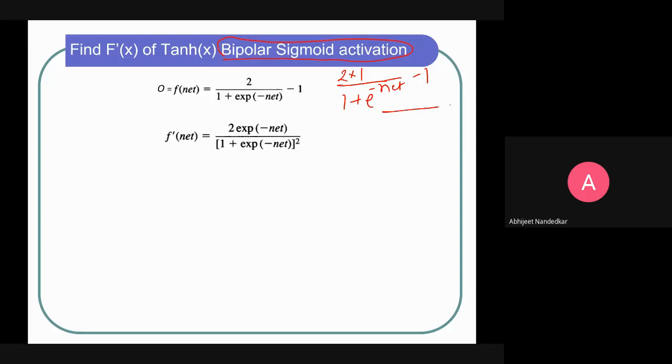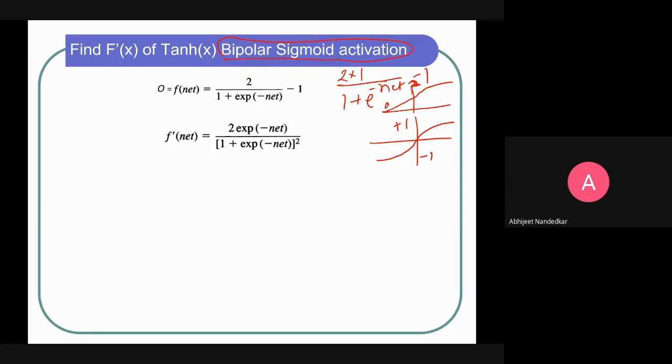So the sigmoidal is in the range 0 to 1 like this, as shape function in the range 0 to 1. If I multiply this by 2 and subtract 1, it will be the same shape in the range minus 1 to plus 1.